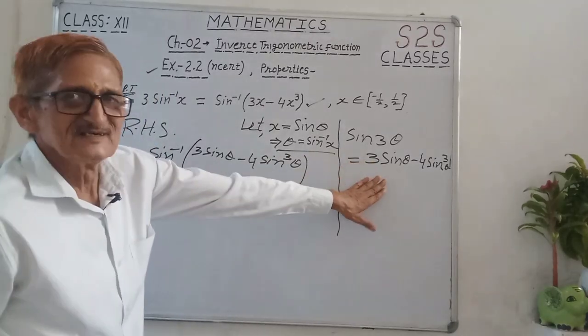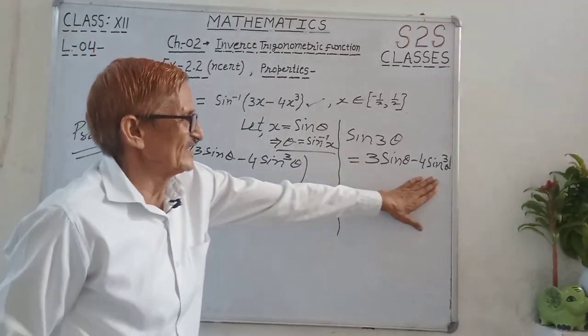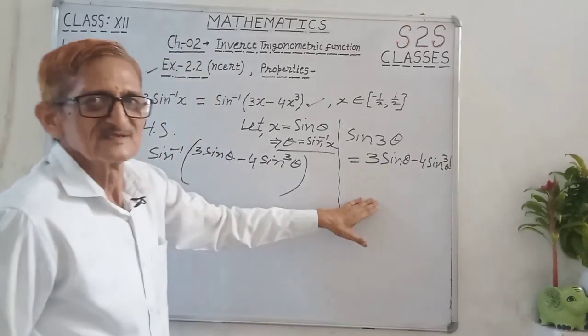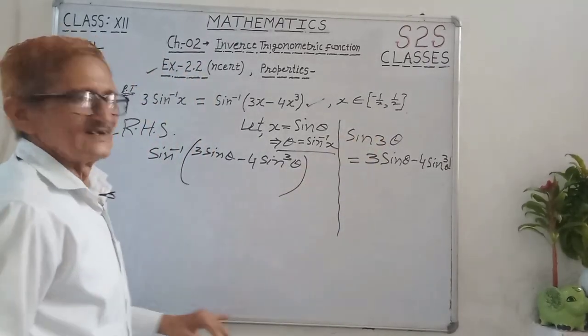And this is the formula: 3 sin theta minus 4 sin cube theta is sin 3 theta.